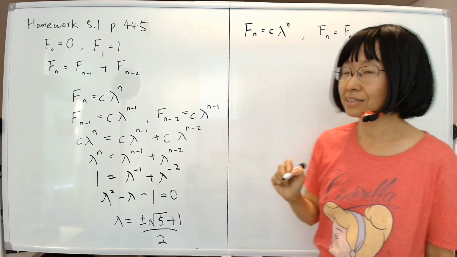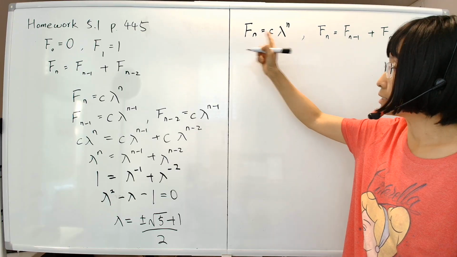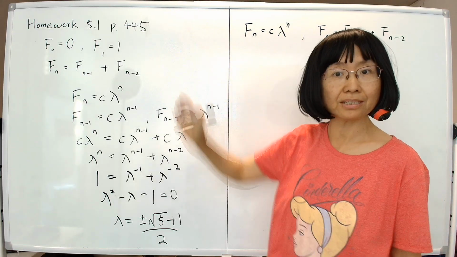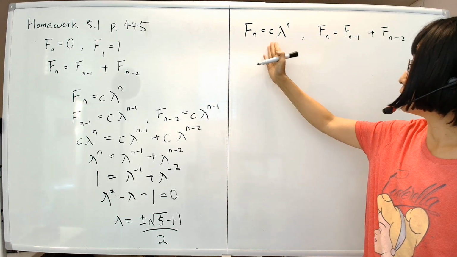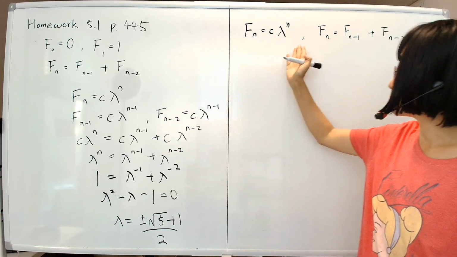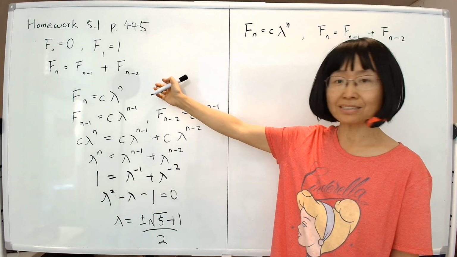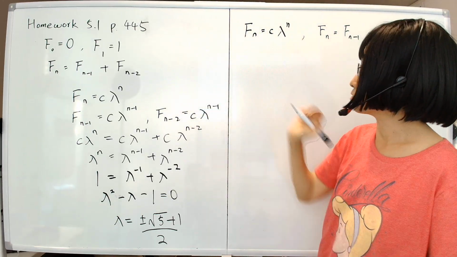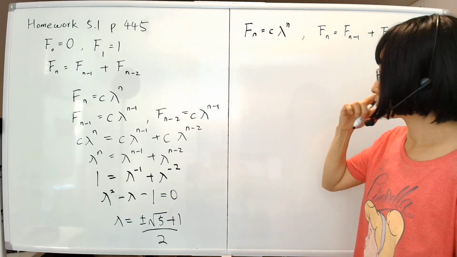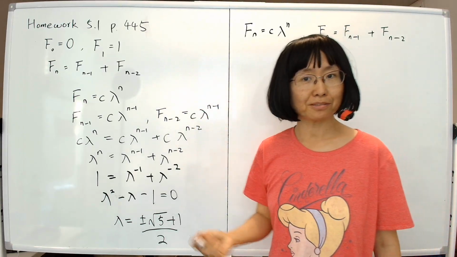Okay, so far so good. But it doesn't necessarily satisfy the initial conditions, and that's true for either lambda. So we got a function that satisfies the recurrence in the sequence. The question is, how do we get it to satisfy the first one? So we're going to build a trick.